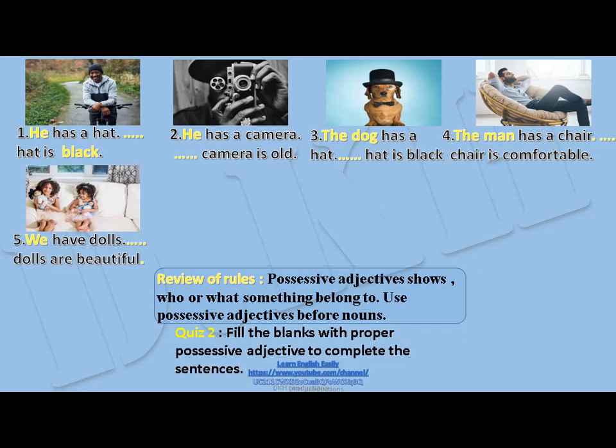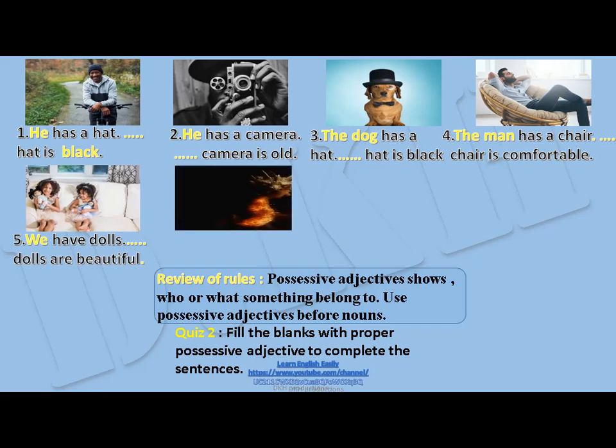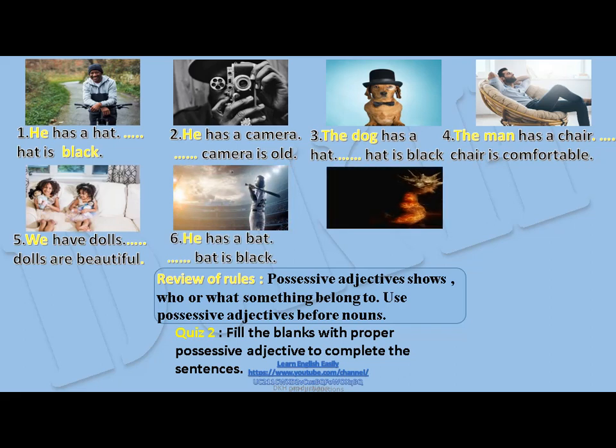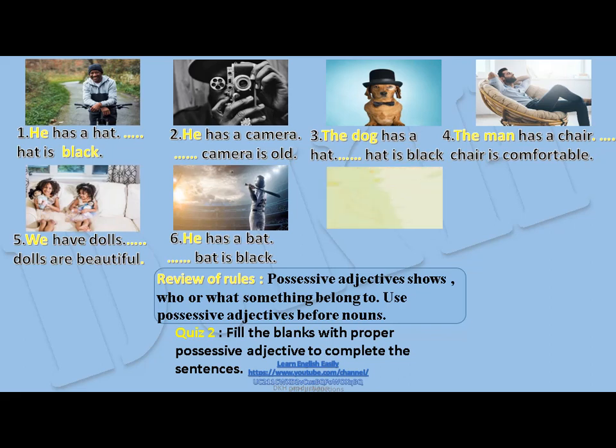Number 5, we have dolls. Our dolls are beautiful. Number 6, he has a bat. His bat is black. Number 7, she has got long hair. Her hair is gray.